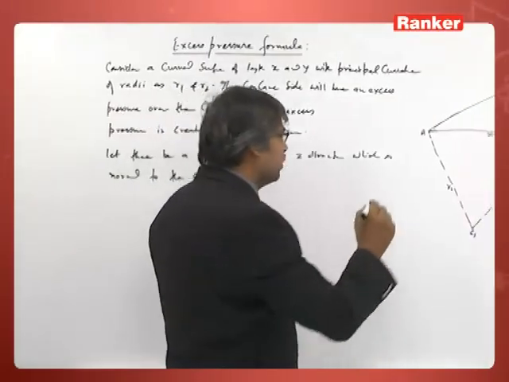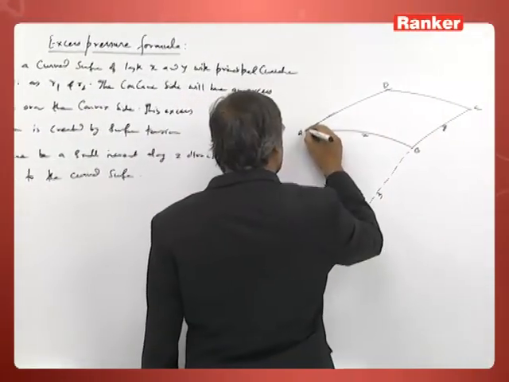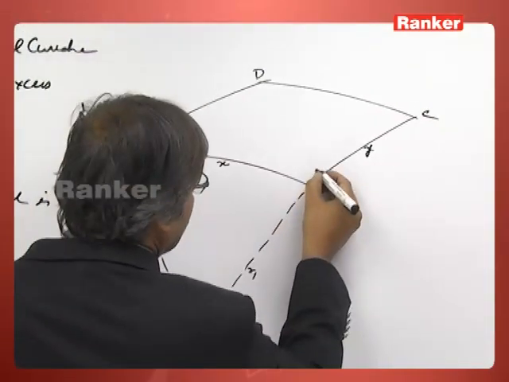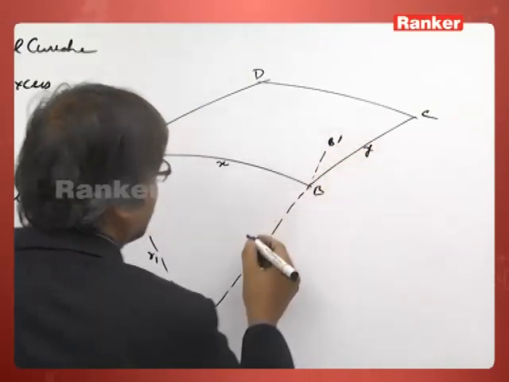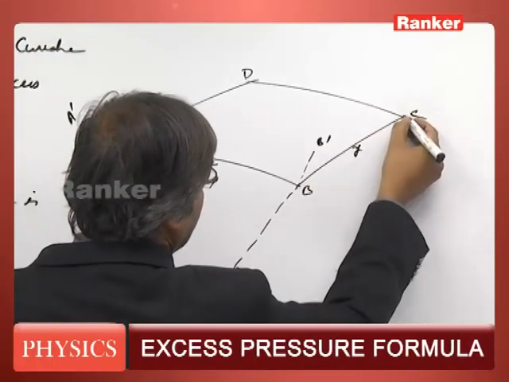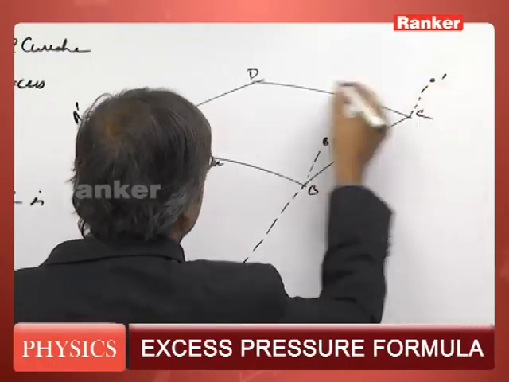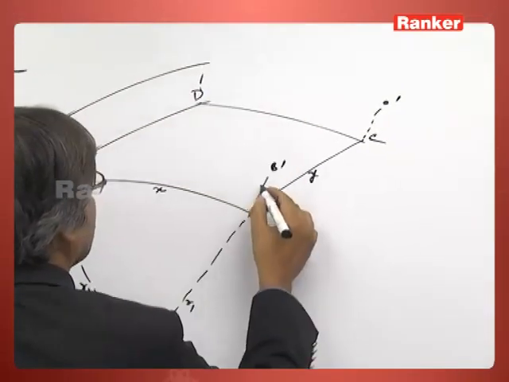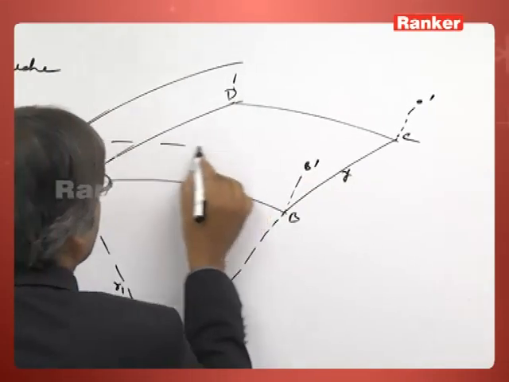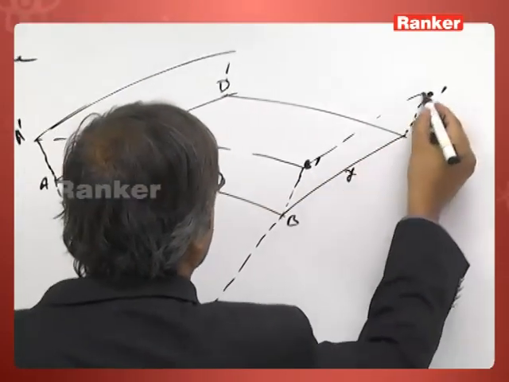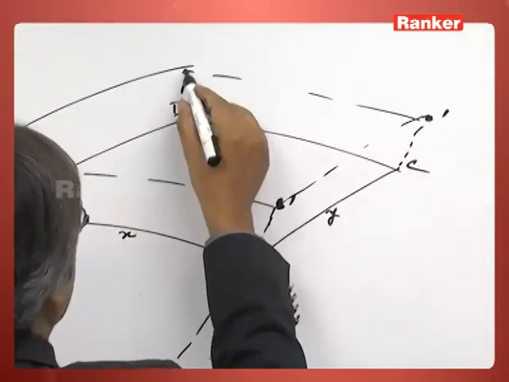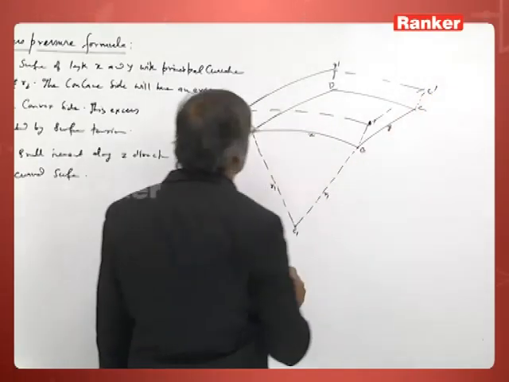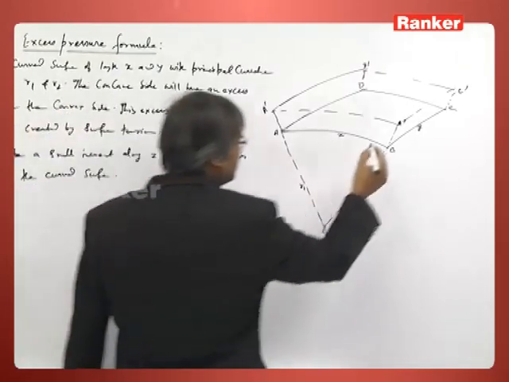So, you see here what happens: A rises to A dash, B rises to B dash, and C rises to C dash and D also. So, we will have this new surface, with D dash, C dash.